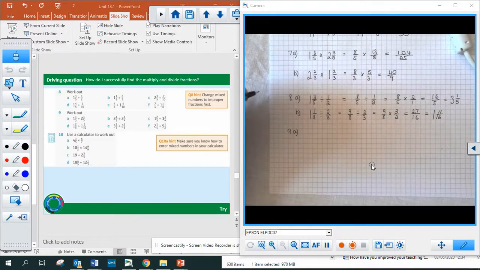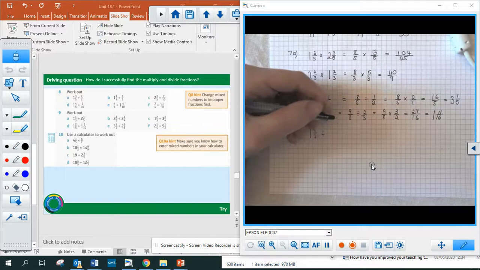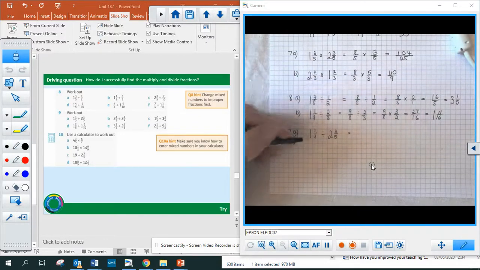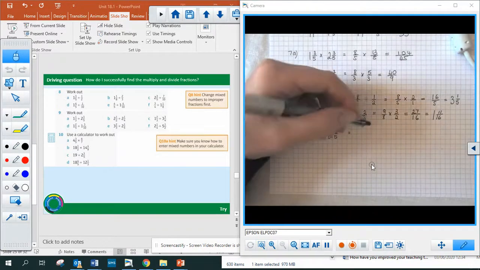Okay, question 9, part A. This time, like the question before with multiplication, you've got 2 mixed numbers that you need to convert before you can get going. So you've got 1 1/3 divided by 2 3/5. The 1 1/3 as an improper fraction is 1 times 3, which is 3, plus 1, which is 4.